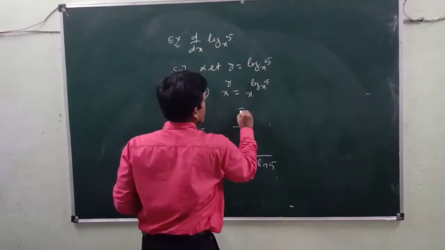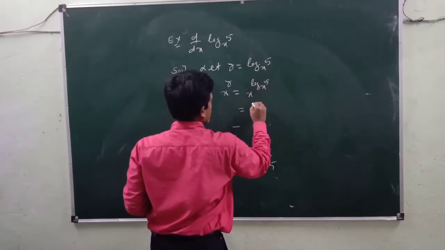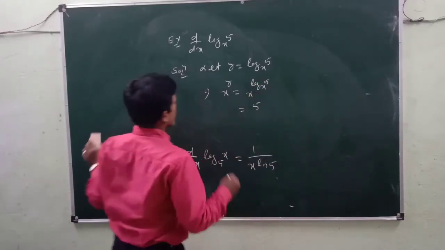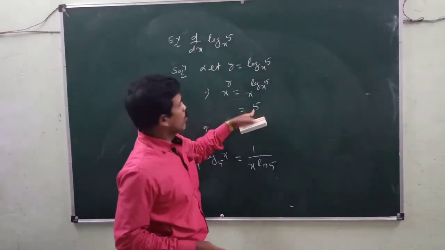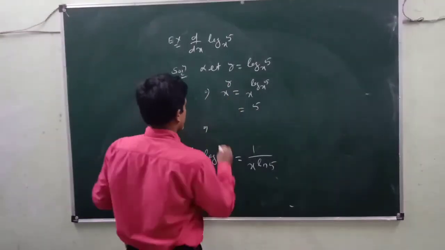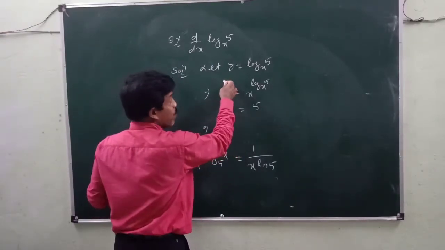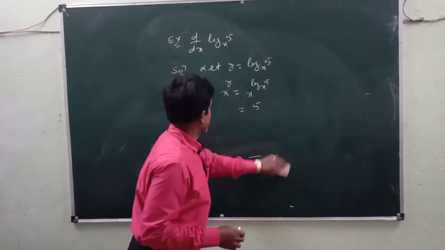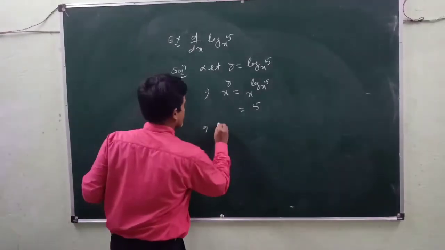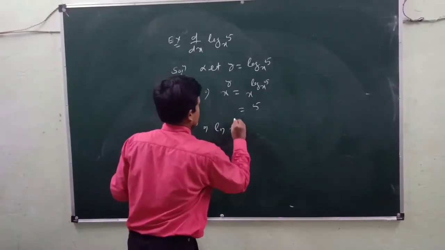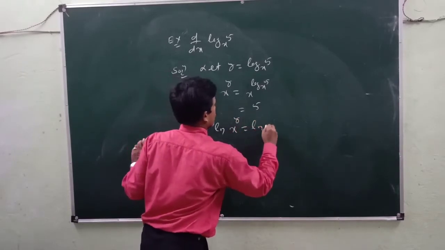So its value is the same as 5. Now x to the power y equals 5. Then it is variable to the power variable. For finding its derivative, first you take log on both sides, so that implies ln of x to the power y equals ln 5.